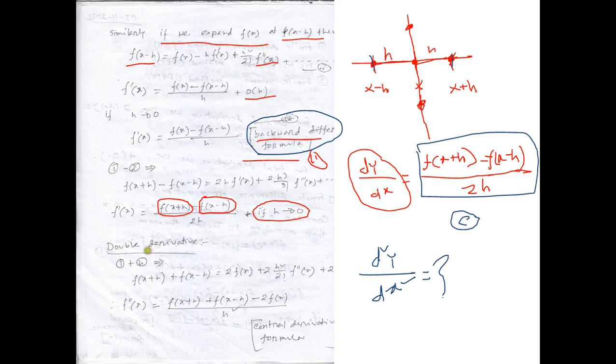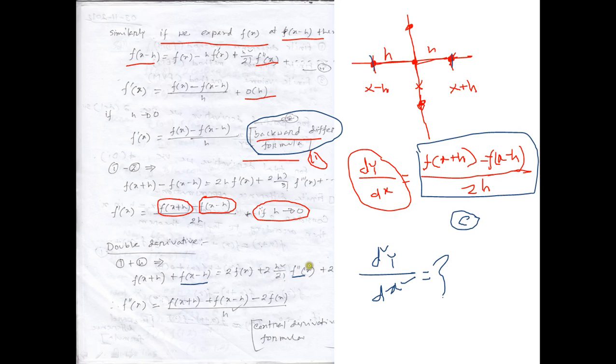If we add equations 1 and 2, that means the forward difference formula and the backward difference formula, we get f(x plus a) plus f(x minus a) equals 2f(x) plus a square times the second derivative of the function, and so on.